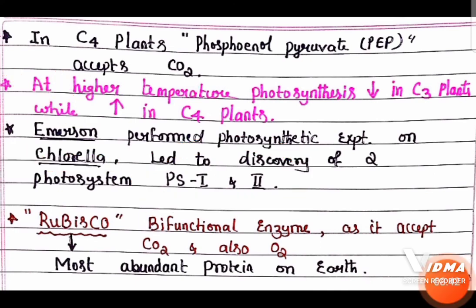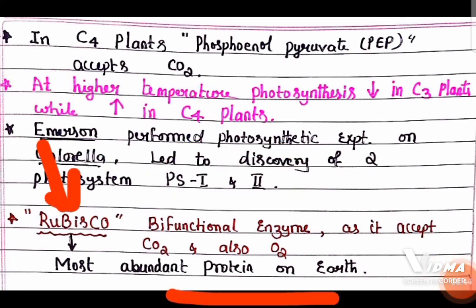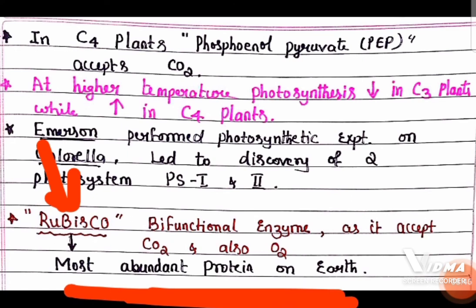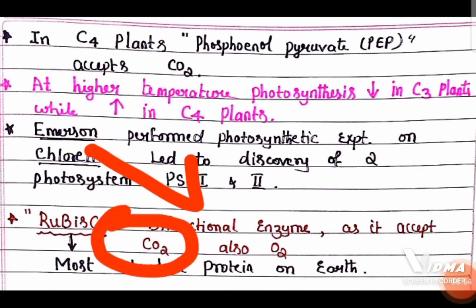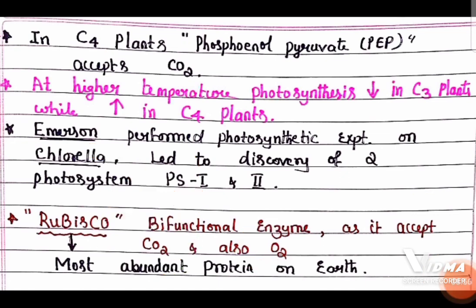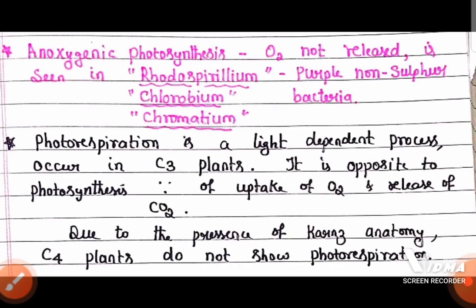And children, rubisco is one of the most important proteins on the earth, the most abundant protein or most abundant enzyme on the earth. Okay, and it's a bifunctional enzyme because in addition to accepting carbon dioxide, it also accepts oxygen. That's why rubisco is a bifunctional enzyme. Remember the important point. Usually photosynthesis is oxygenic, which means there is a release of oxygen.